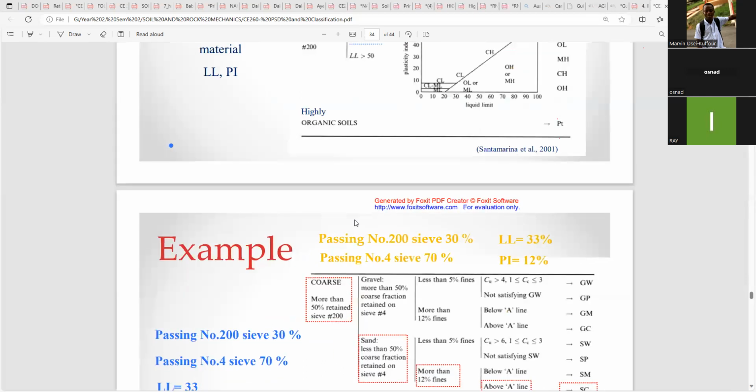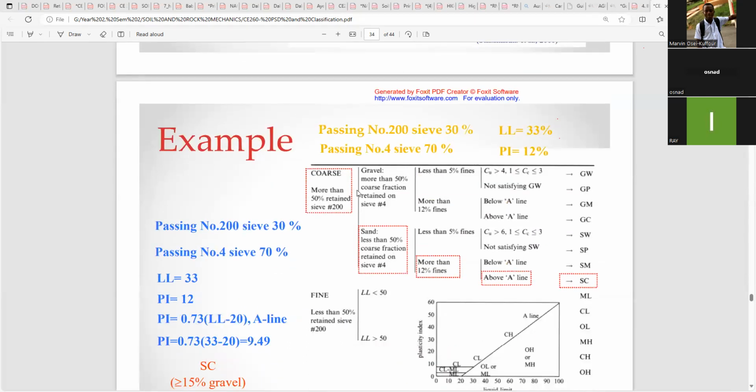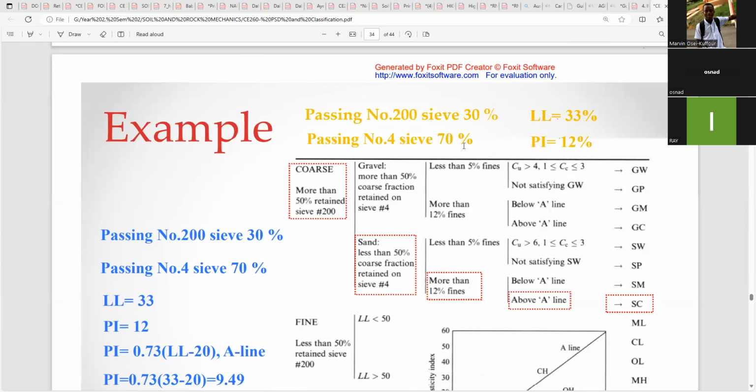So let's pick this very example and go through that and see how it is going to turn out. We have the percentages of passing.